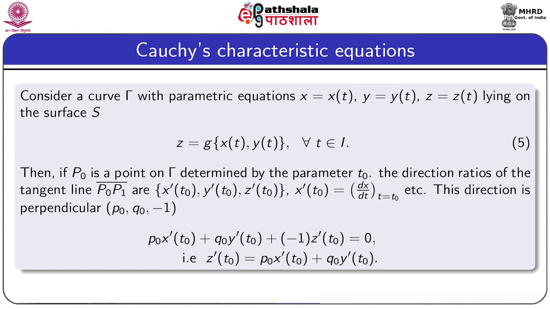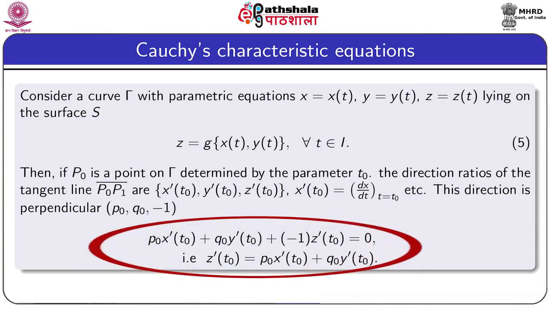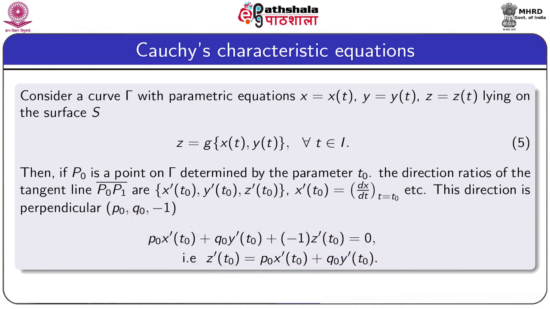Now, the direction (p0, q0, minus 1) is perpendicular to (x', y', z'). Therefore, p0 x' plus q0 y' plus (minus 1) z' equals 0. So, from this equation one can write z' equals p0 x' plus q0 y'.